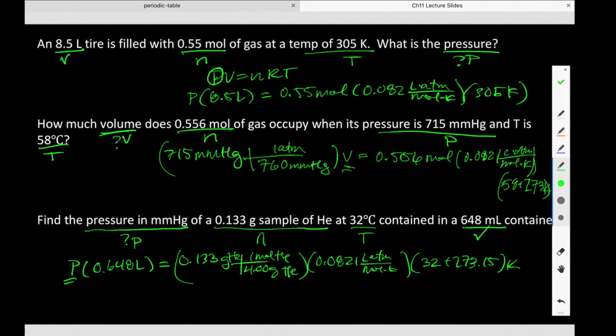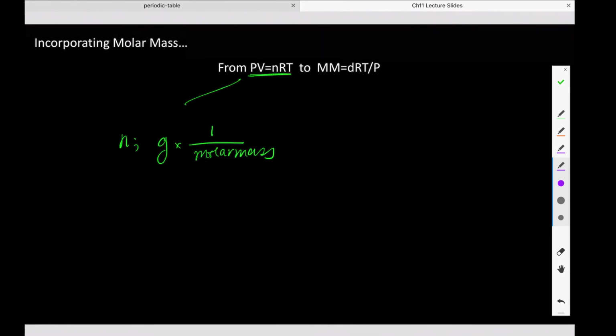So if we look back here, I have my grams times 1 over molar mass, because molar mass is technically the number of grams equal to 1 mole, but if I have to flip it, it's 1 over molar mass. Yes? Does that make sense? So technically, moles are equal to grams times 1 over molar mass, or grams over molar mass, right?